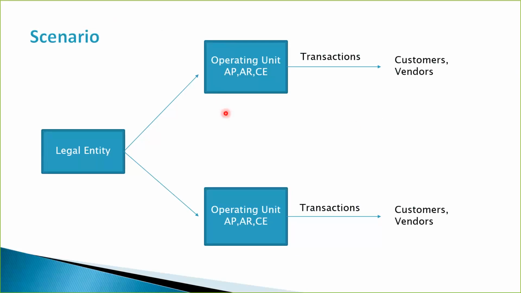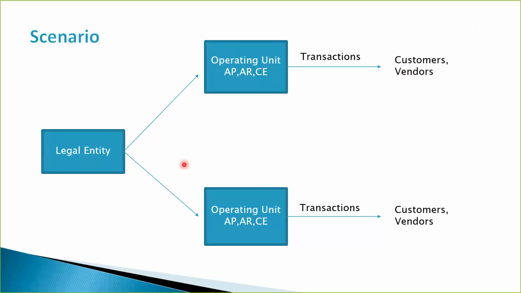And we said that this organization in the real world is the one that actually transacts with vendors and customers. We also mentioned that the operating unit basically works the way the ledger works in the GL module, whereby it is used to segregate data at the sub-ledger level.